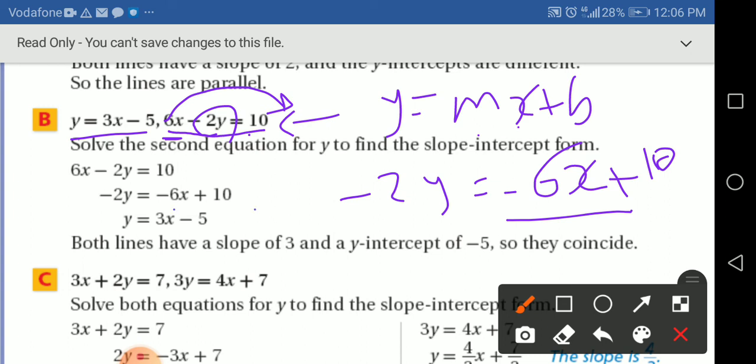So what should I do after that? I want to get the y alone. Divide by negative 2, and all of this divided by negative 2. Y equal 3x minus 5.